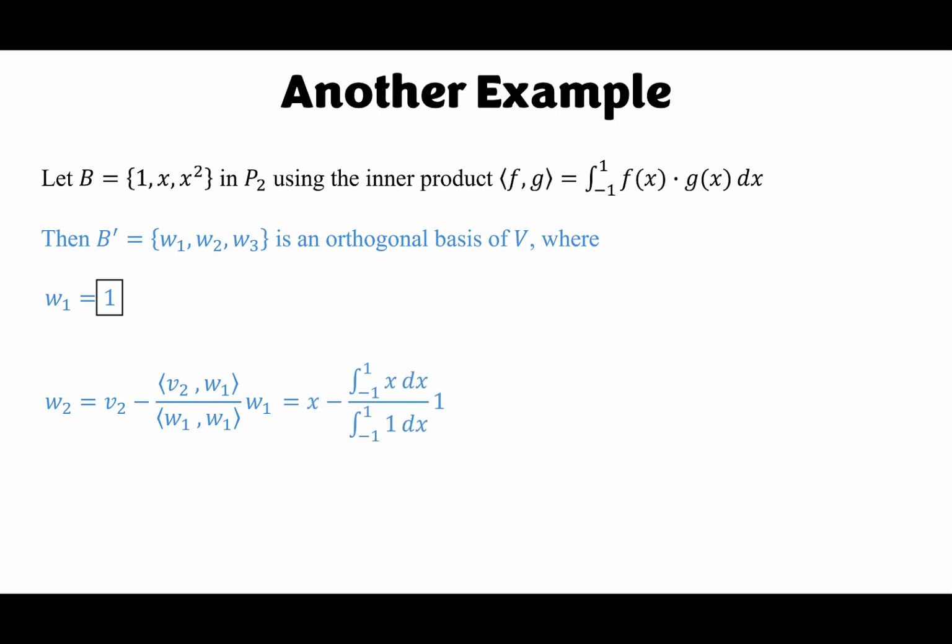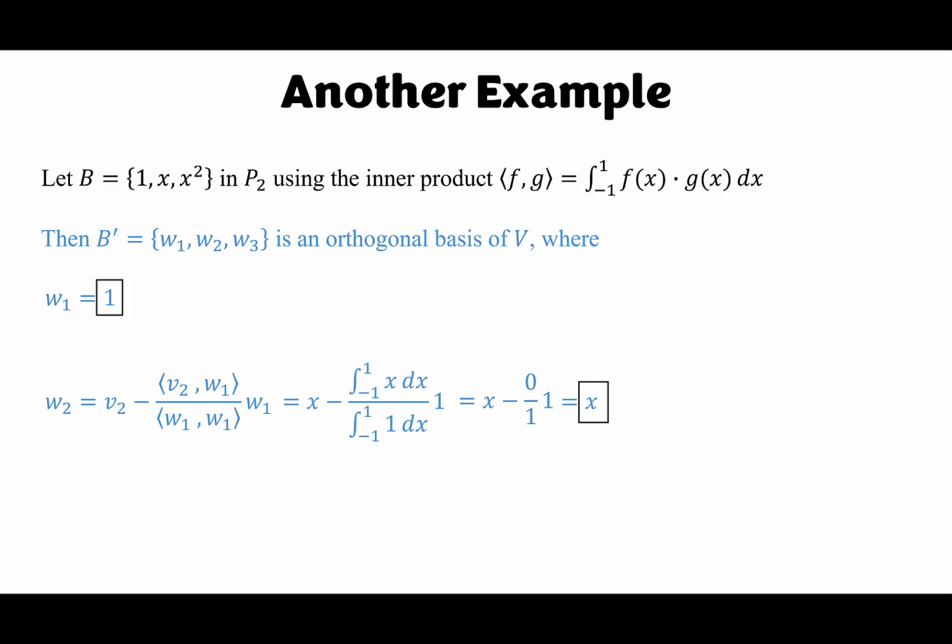And if you compute that ratio of inner products, which are the integrals in this case, from -1 to 1, you'd get 0 divided by 1. So really, you just have x minus 0, and so W2 is just the function x. So apparently 1 and x were already orthogonal to each other, so the Gram-Schmidt process just gave us V2 back as W2.